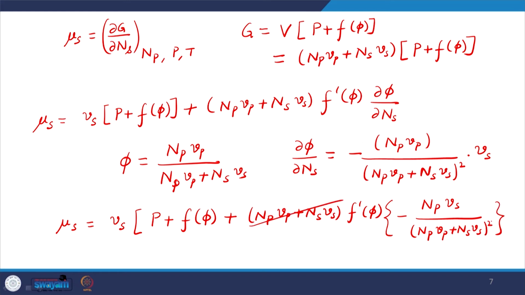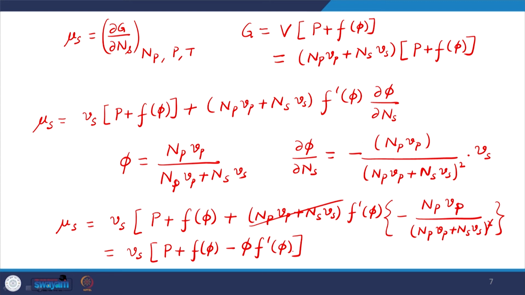Again we have cancellation, and sorry, there was a Vp appearing there. So what we then have is Vs multiplied with (P + f(φ) − φ f'(φ)). So the chemical potential can also be represented as a function of f(φ).